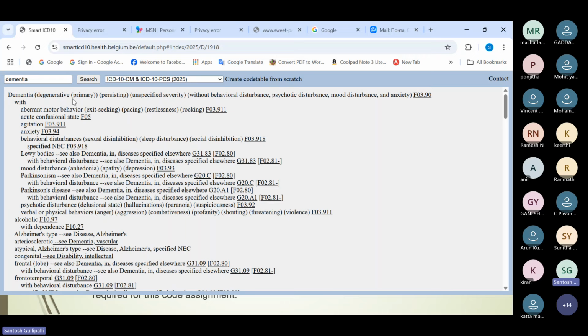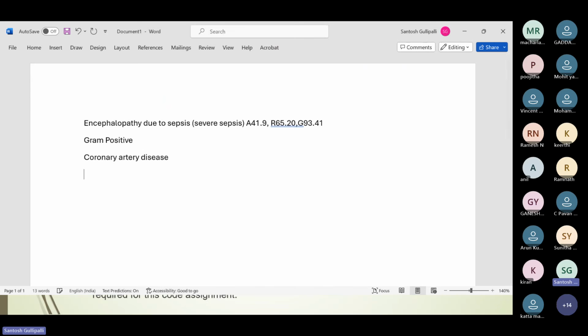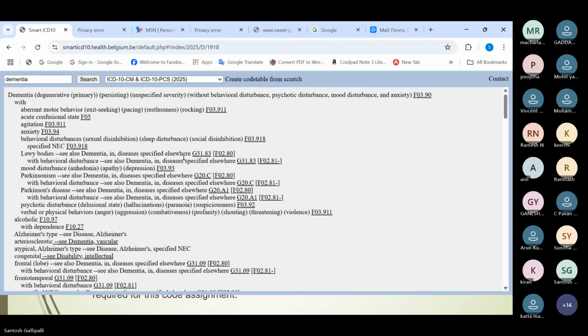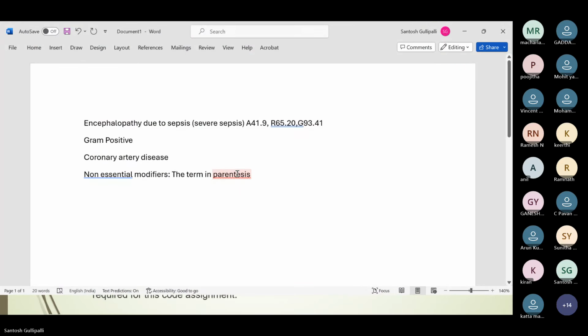So what are these brackets and what do these words mean?